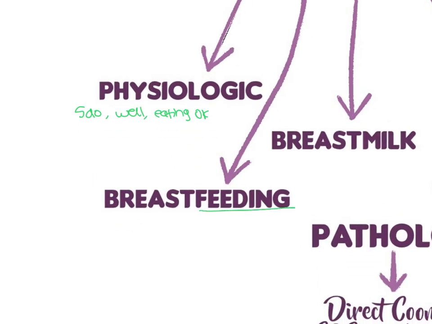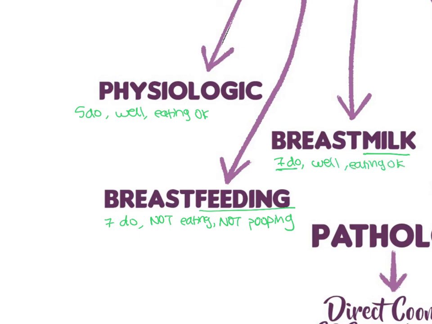So for instance, your 7-day-old jaundiced infant who is not feeding well and not pooping and is looking yellow, compared to breast milk jaundice, which is an actual problem in the milk. So for instance, a 7-day-old well-appearing, eating well baby, but who still looks jaundiced beyond the typical peak.